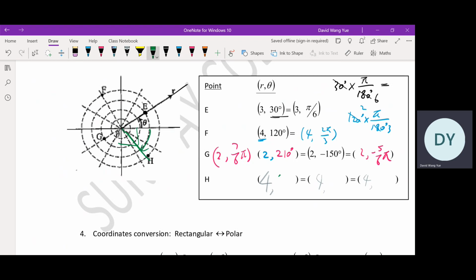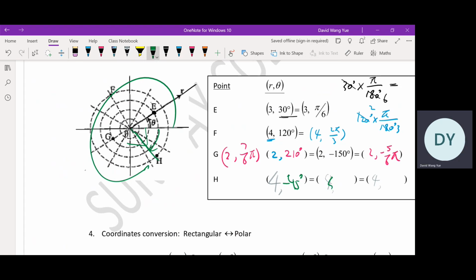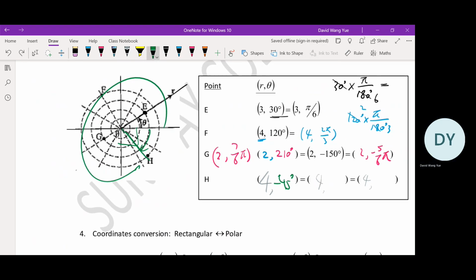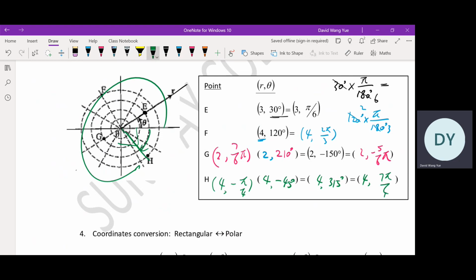This is minus 45 degrees or 315 degrees. Okay, if you need to write in radian, minus pi over 4, or the other one is 7 pi over 4.